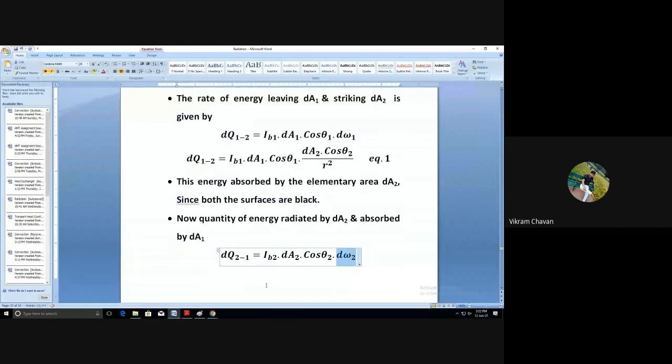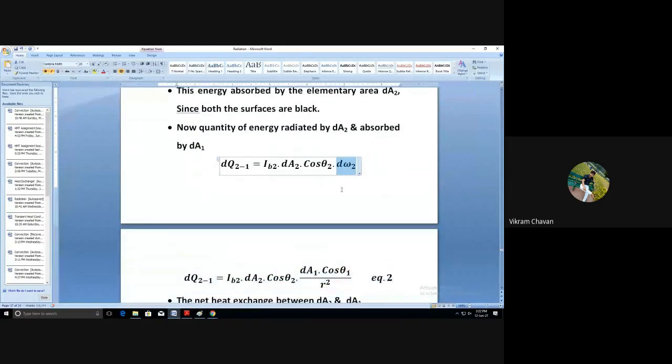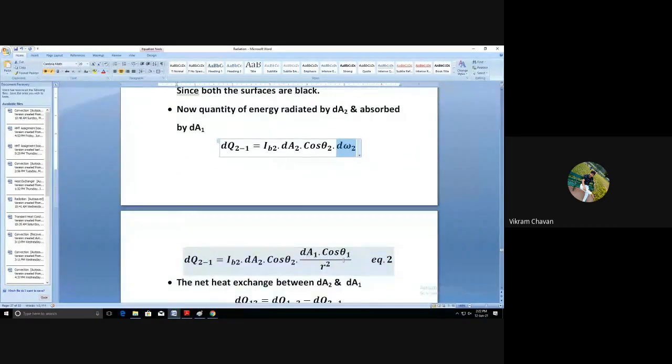Further, we know that d omega 2 is nothing but dA1 cos theta 1 divided by r square. So dq2 to 1 will become Ib2 multiplied by dA2 cos theta 2 multiplied by dA1 multiplied by cos theta 1 divided by r square. That will be considered as equation number 2.